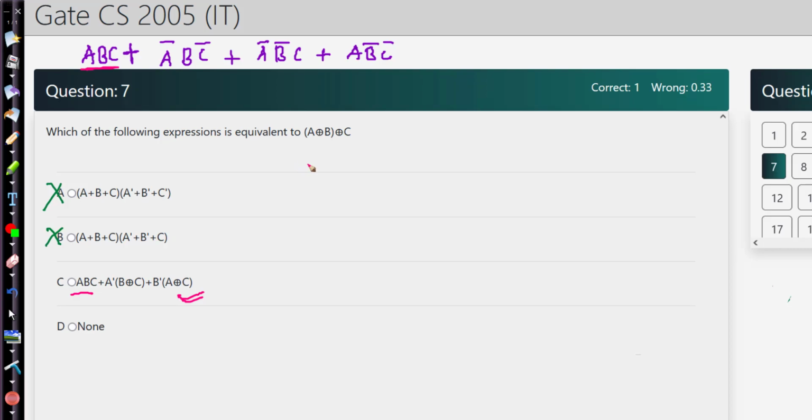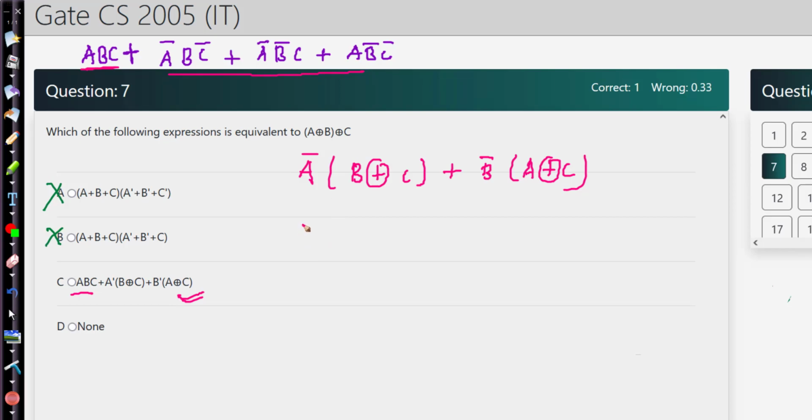Now let's proceed with A complement times B XOR C plus B complement times A XOR C. Let's see if this thing is equivalent to these three terms. If that is the case, then C is going to be the answer.